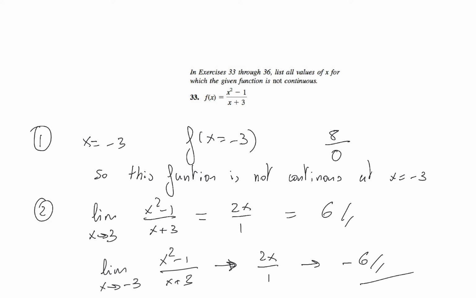So the limit exists, but for this function the value of the function at the point doesn't exist, so it's not continuous. I was saying there are three conditions.